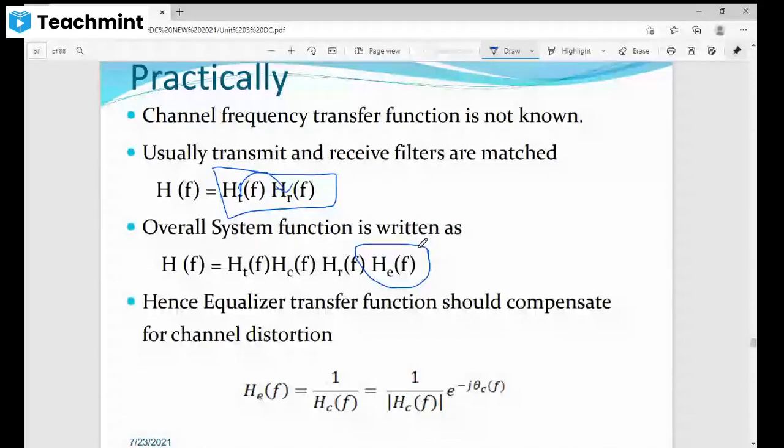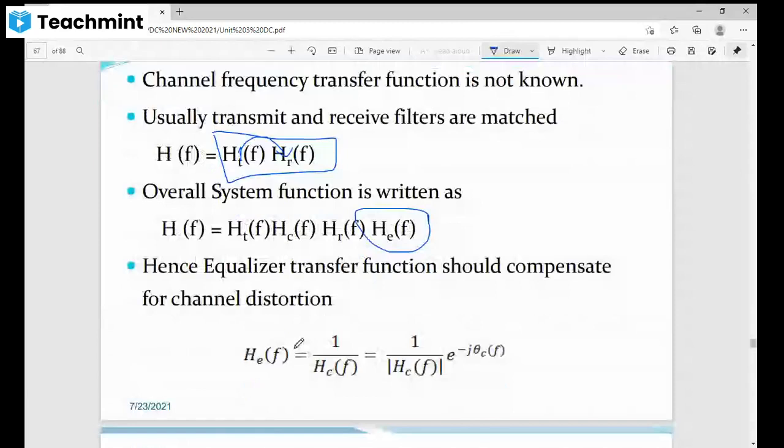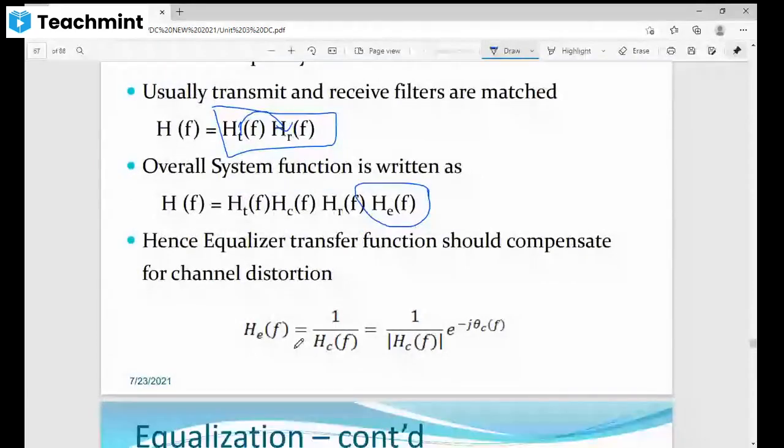Hence, the equalizer transfer function should compensate for the channel distortion, and HE of f is equal to 1 upon HC of f. So the equation becomes 1 upon |HC(f)| e raised to minus j theta c f.